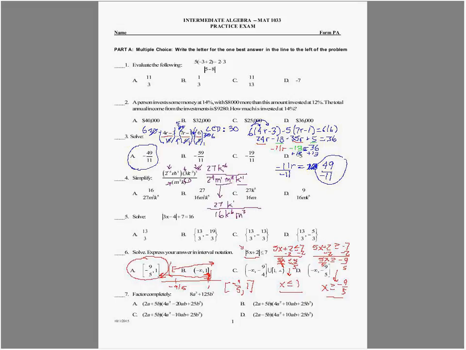Now, one more thing we can combine here. We have 1 k up in the numerator and 6 of them down in the denominator. Get rid of this one and subtract 1 from this exponent. So we're left with 27 over 16, k to the 5th, m to the 3rd.